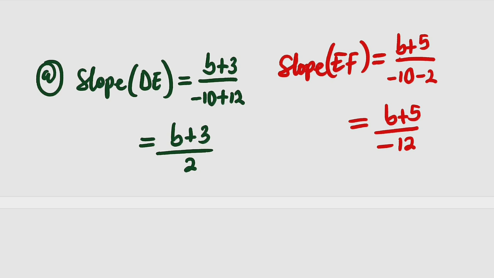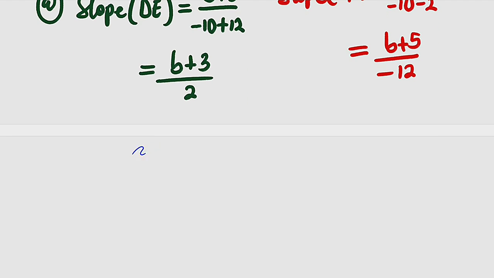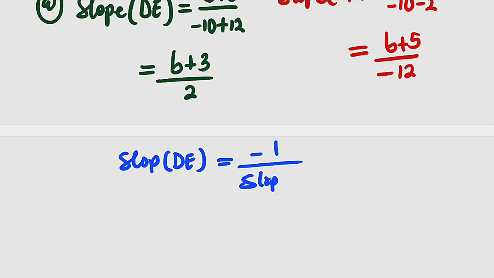And I told you their respective slopes are just the negative reciprocal of each other, which implies that the slope of line DE is equal to negative 1 divided by the slope of the other line, which is EF. So we are going to take the negative reciprocal of the other slope.